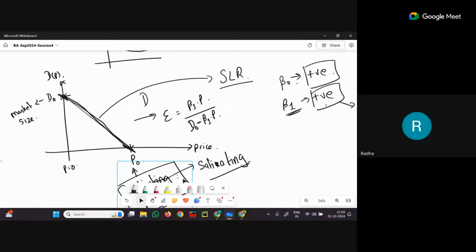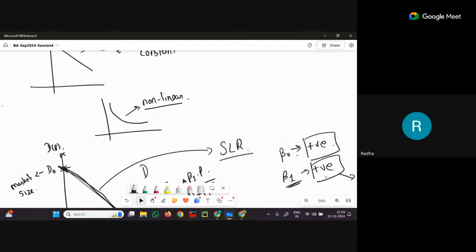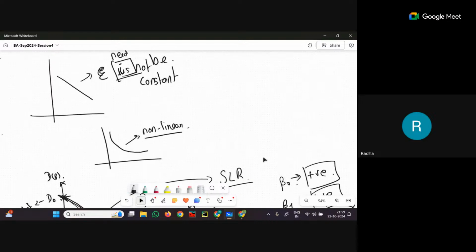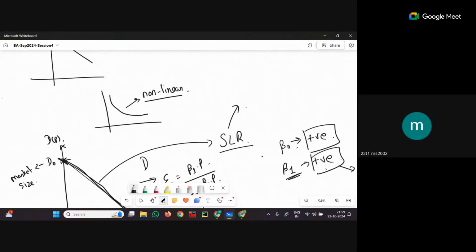So this beta naught and beta 1, can you explain once again? What is a simple linear regression? Let's look at it in this sense. There are three terms here: simple linear regression.